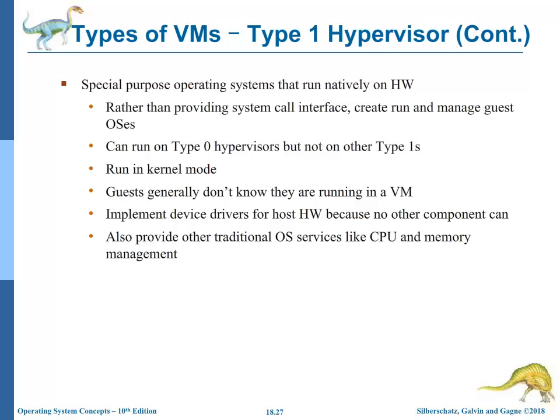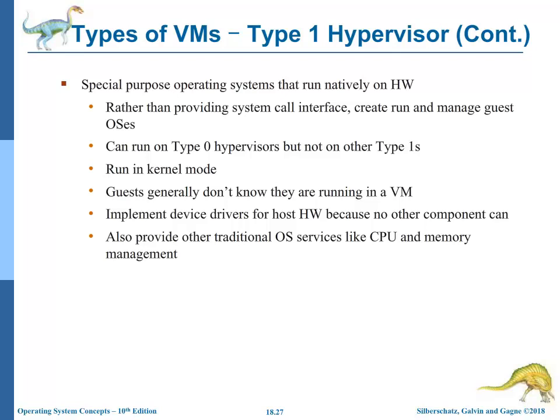Type 1 hypervisors run on standard hardware. They can run on Type 0 hypervisors, but not on other Type 1 hypervisors. Guests generally don't know they are running on anything but the native hardware. Type 1 hypervisors run in kernel mode, and they implement device drivers for the hardware they run on, since no other component could do so.